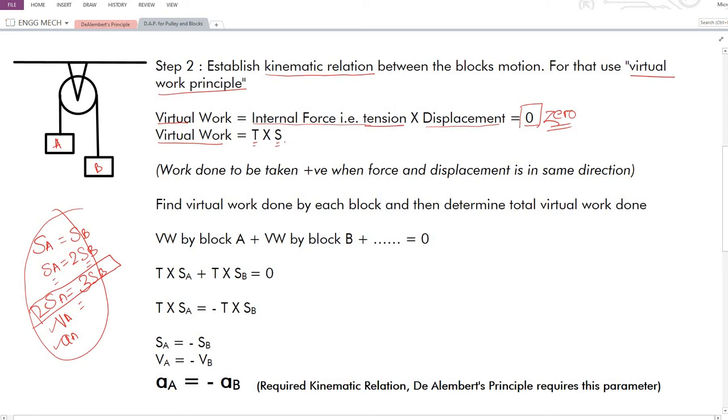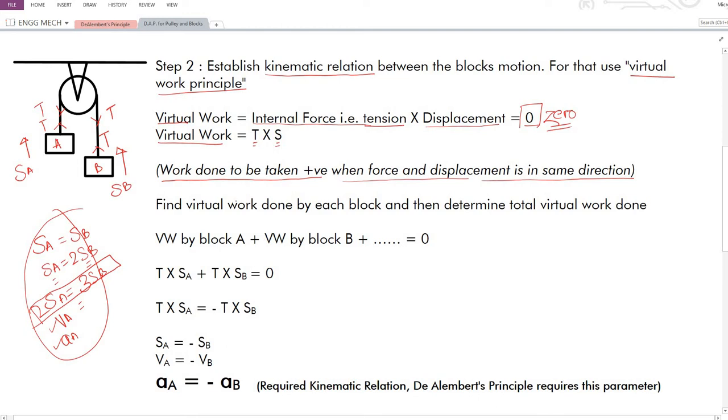And this specific displacement, we are talking about the displacement of block A and the displacement of block B. Now, note that work done is to be taken positive when force and displacement are in the same direction. Now, what is the force here? See, this is tension, okay, and this is tension.